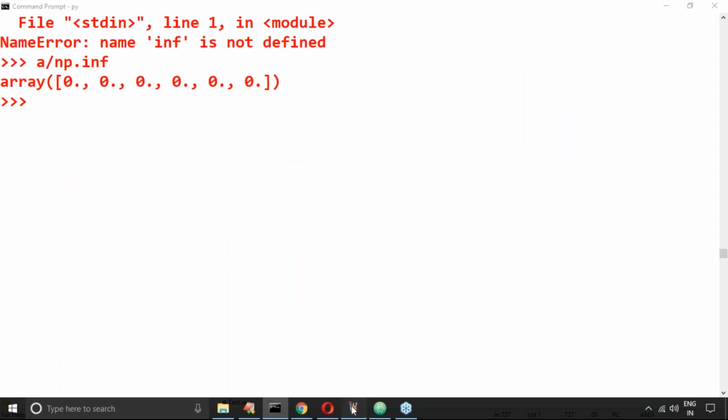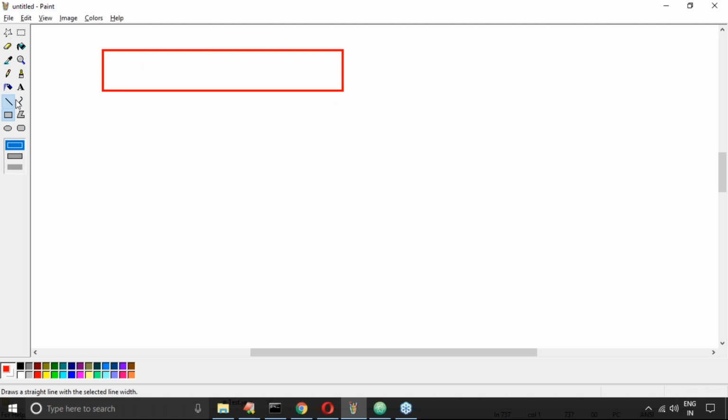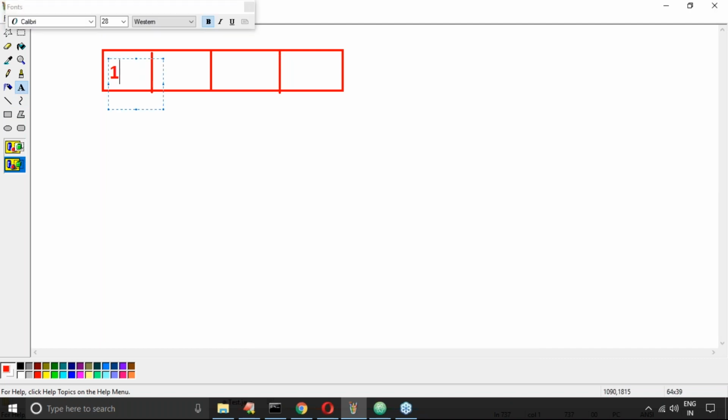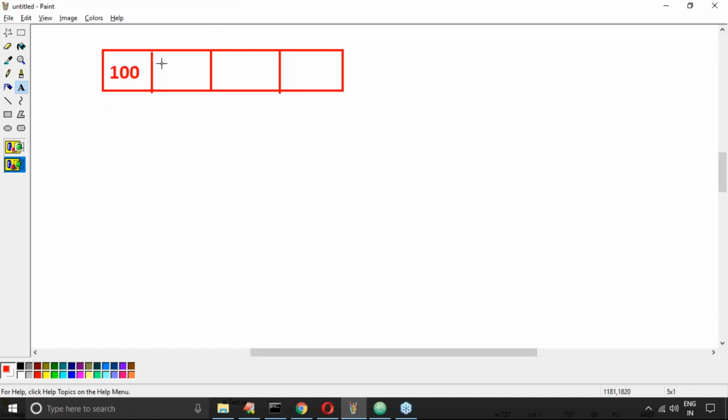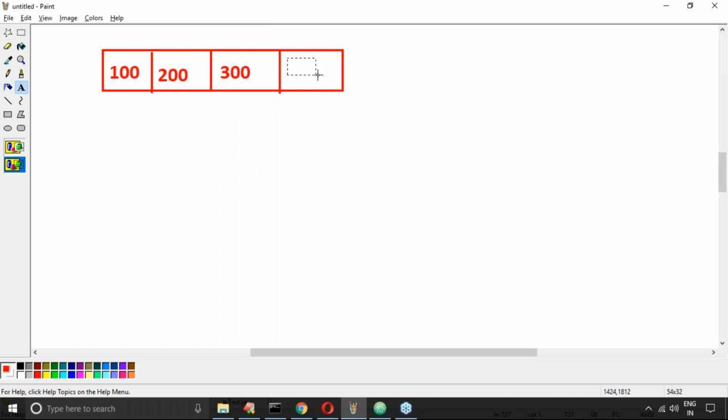I don't think you people are going to have difficulty understanding this one. Just observe carefully. Here 100, 200, 300, 400 I'm taking.